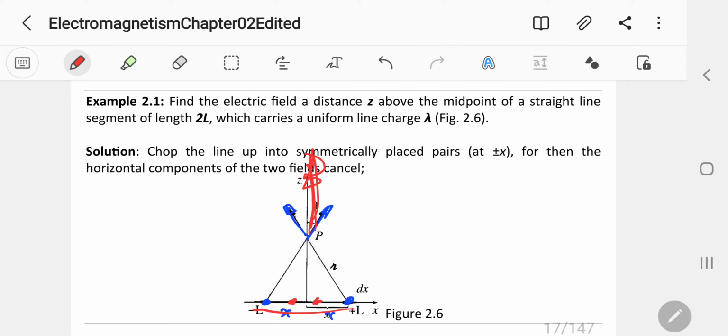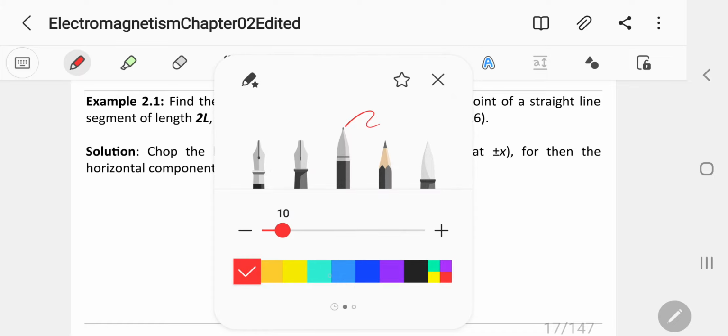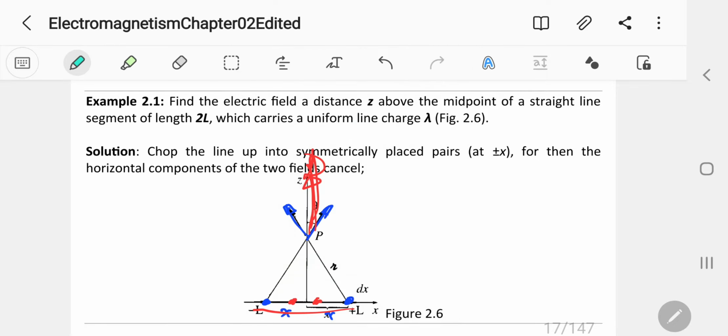So if you choose another dq here, you should also choose a point which is this one, so that it will also give you an electric field that points there. So how do we do that?